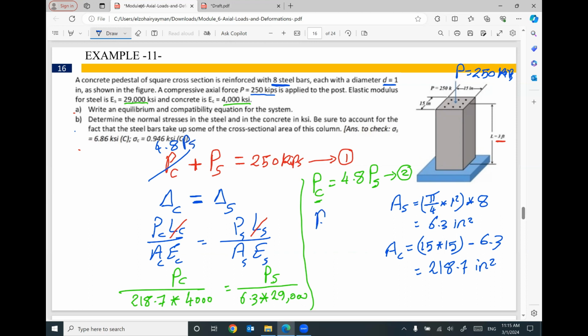So the only unknown will be PS. I can figure it out, and then I can figure out the value of PC. So the part shared by steel will be 43.2 kip. And the part shared by concrete will be 207.3 kip.